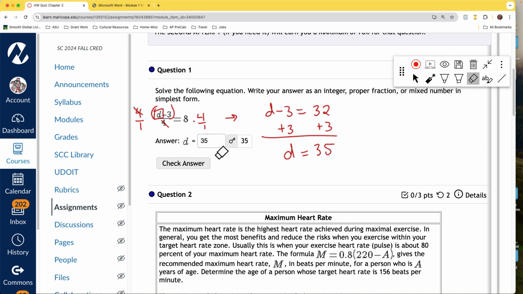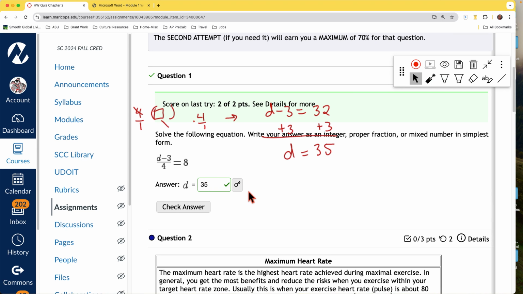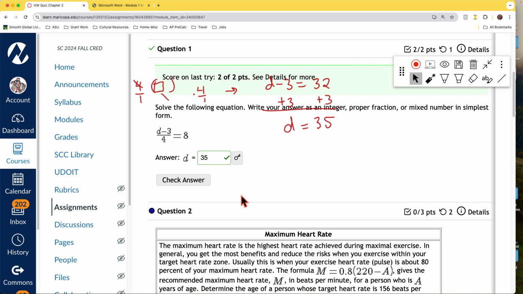It doesn't recognize my writing. And there we are. Okay, so there's one. The one you have in your quiz may be a little different, but you'll see some homework problems where they give you an equation and just ask you to solve it. You get multiple tries through here.